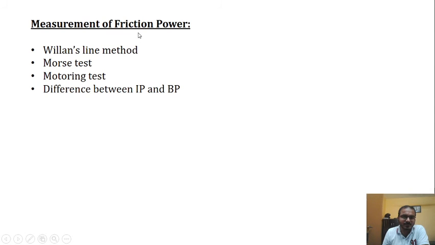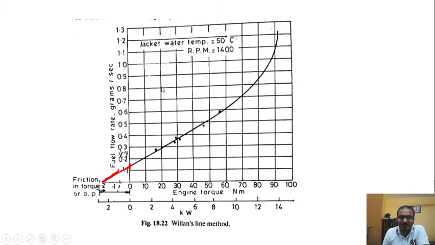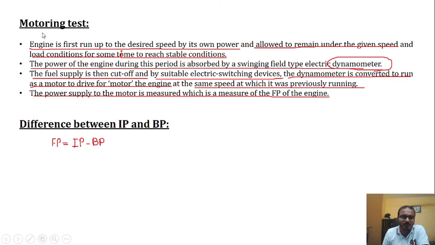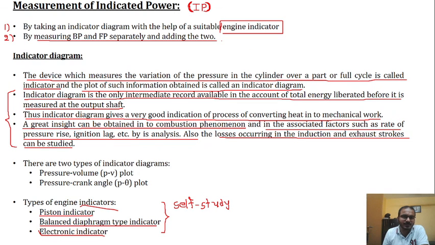Next we discussed measurement of friction power using Willan's line method. Then the Morse test. Next was the motoring test, and the fourth one is very simple, taking the difference between IP, that is indicated power, and brake power. Next we discussed measurement of indicated power using the indicator diagram.